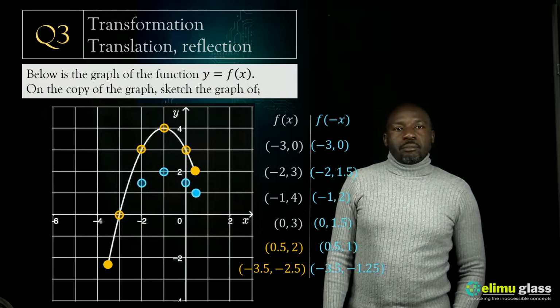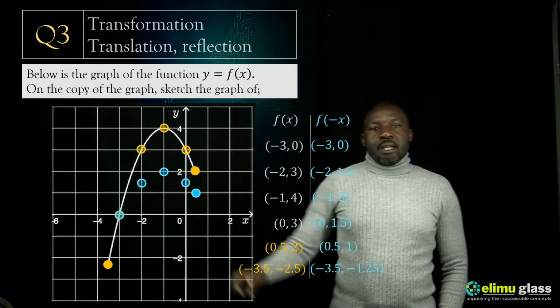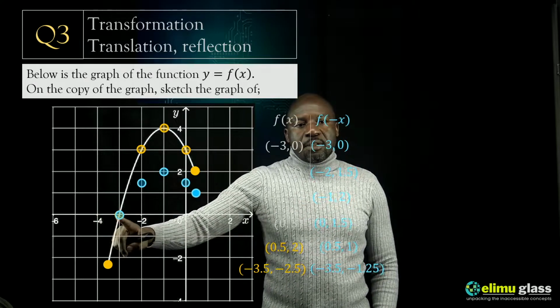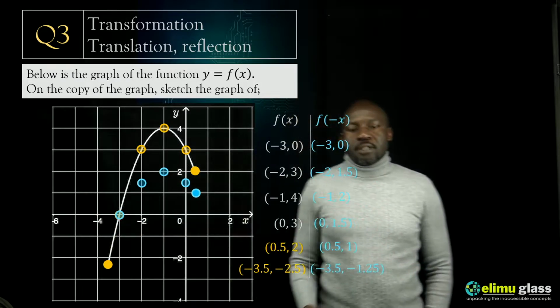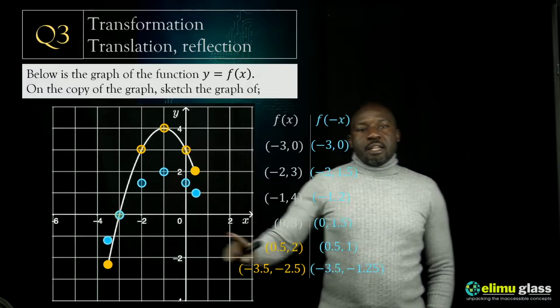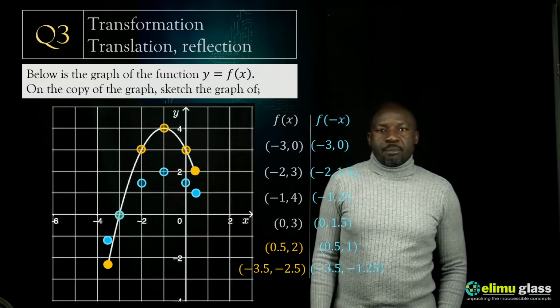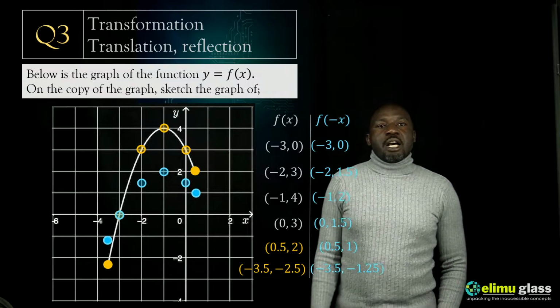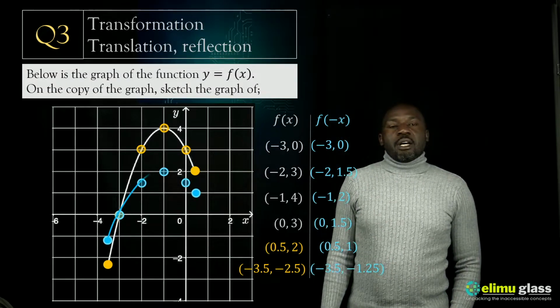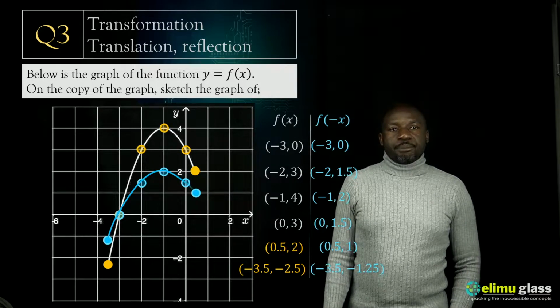This point remains invariant, since half of 0 is still 0. And the other point was negative 2.5, so it must go slightly up to negative 1.25. And again, we simply draw a line through our points.